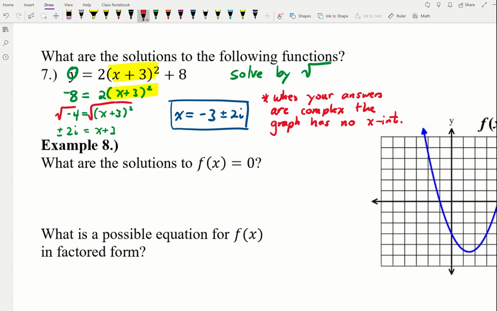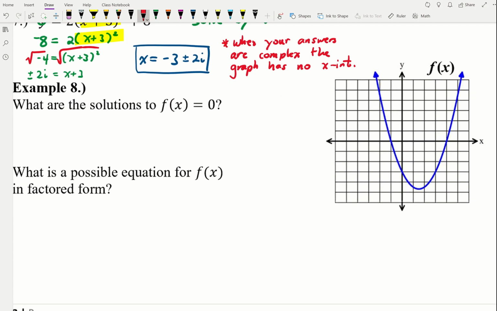And that's because your solutions are imaginary. All right, and that's the key there. So something to just pay attention to as you go through. A few more examples, and then hopefully we'll get through everything and you'll have enough to get started on the homework.